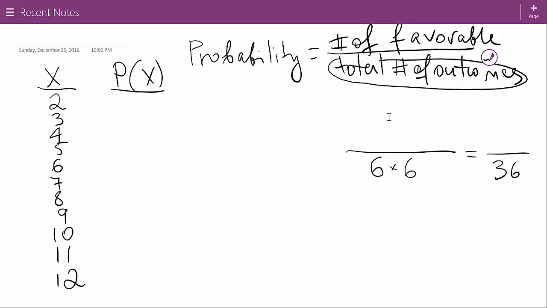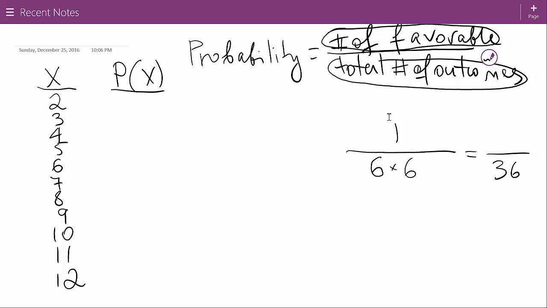Okay, in how many different ways can I get a 2? There is only one way, right? 1 and 1, that's it, nothing else. So there is only one way. So here I'm talking about the numerator, the number of favorable outcomes. There is only one way I can get a 2, it's 1 and 1.